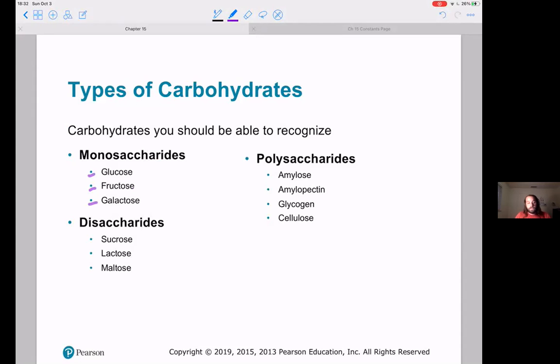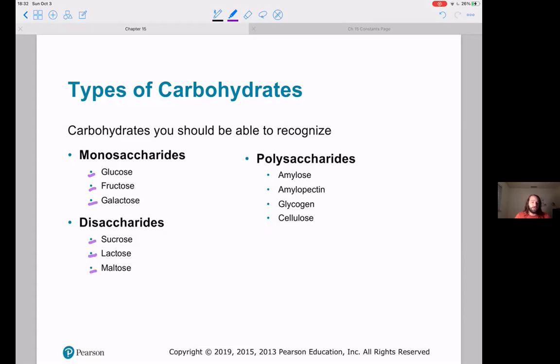The three major disaccharides we're going to be talking about are sucrose, lactose, and maltose. We'll talk a little bit about each one, but these are names that you should memorize as corresponding to these categories.